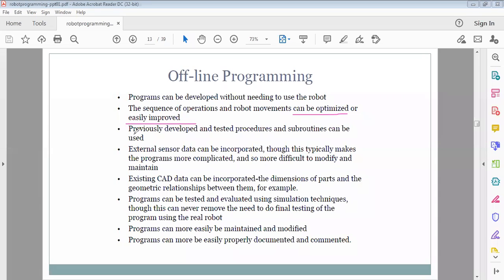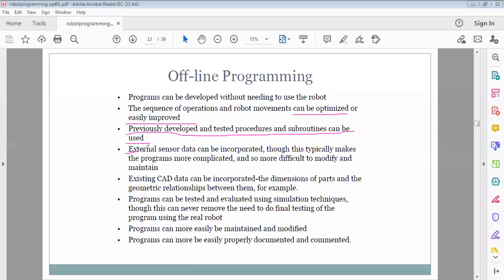Previously developed and tested procedures and subroutines can be used. Program templates and subprograms, separate subroutines, we can reuse as standard. Wherever it is required, you can use them.